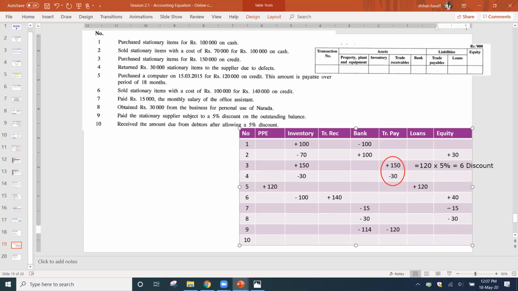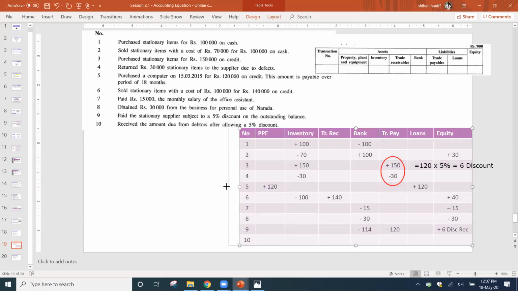This full amount will be settled and the 6,000 is discount. It's a discount received.